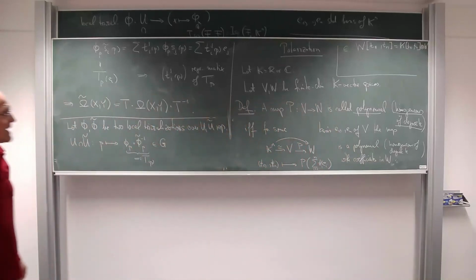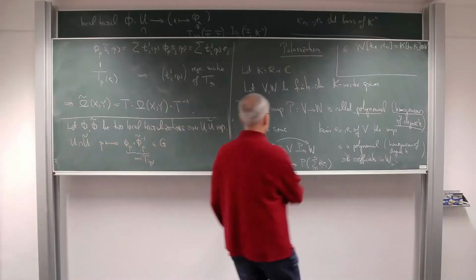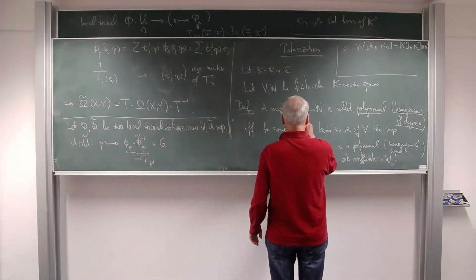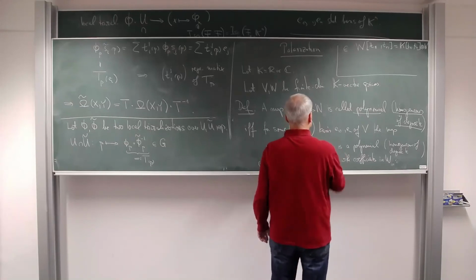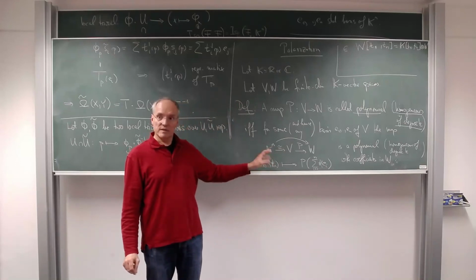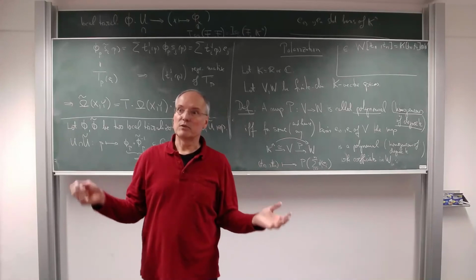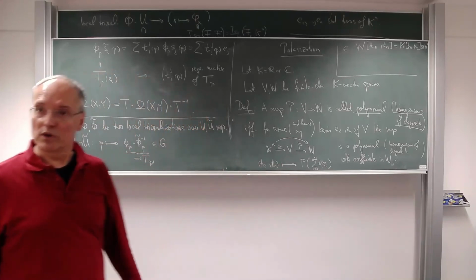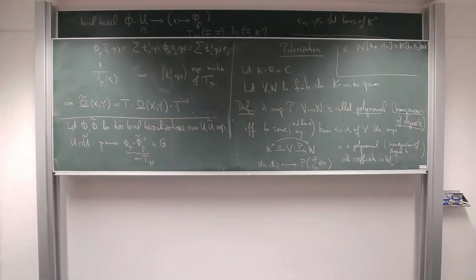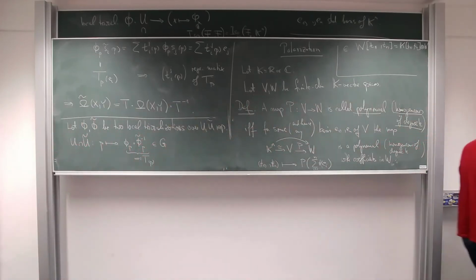That's what it means. And if this is true for some basis, then it's true for any basis, because a change of basis just means you pre-compose with an invertible matrix, and if you do this with a polynomial of some degree, this gives you a polynomial of the same degree. Good. So these are polynomial maps.